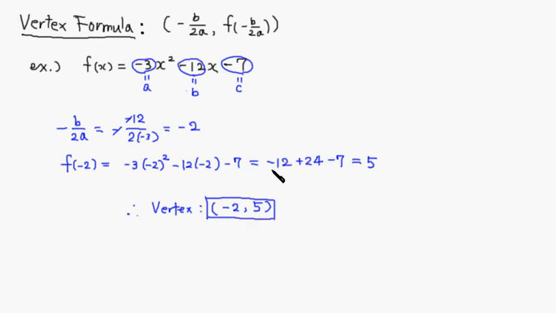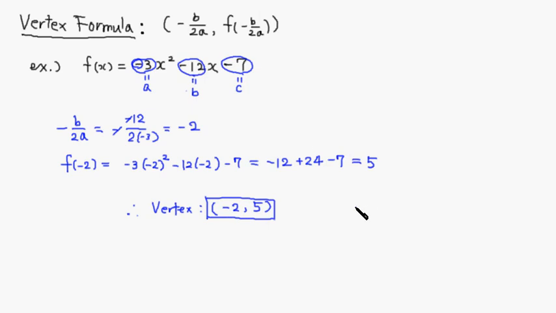Just in case you're looking for the range of this function, knowing the vertex is very useful. So the vertex is located at negative 2 comma 5, and the next thing you have to pay attention to is the sign of a. In this case, the sign of a is negative, which indicates that the parabola is facing down. Then the vertex is negative 2 comma 5.